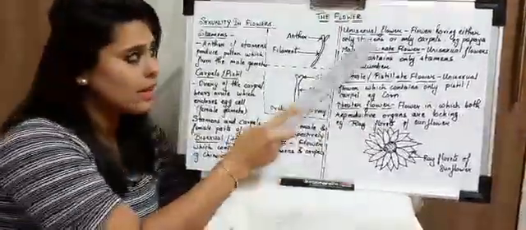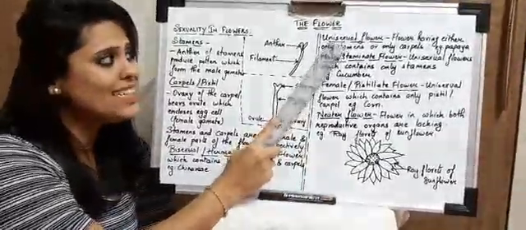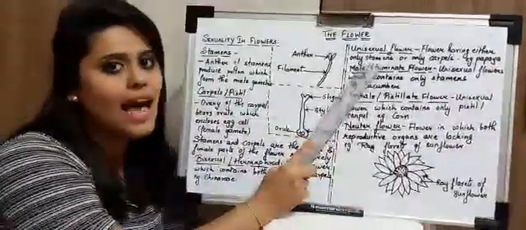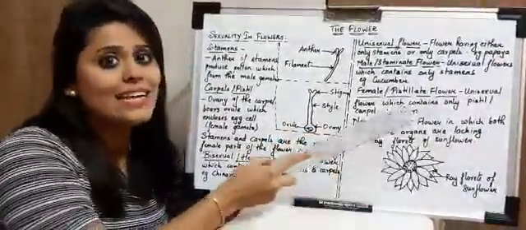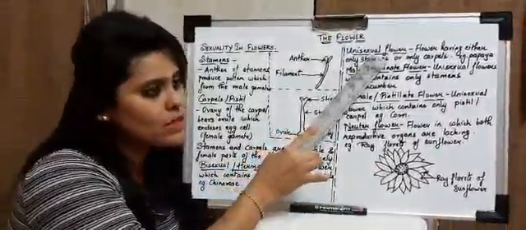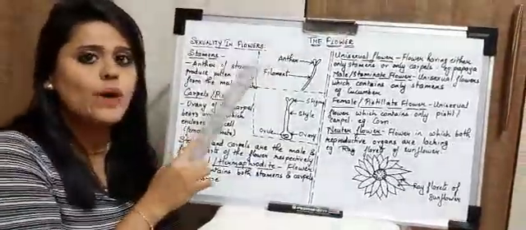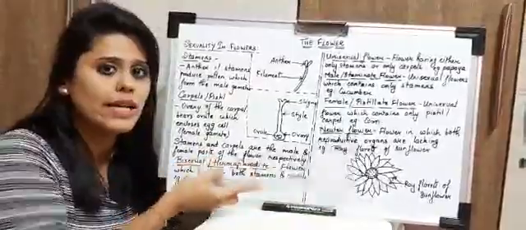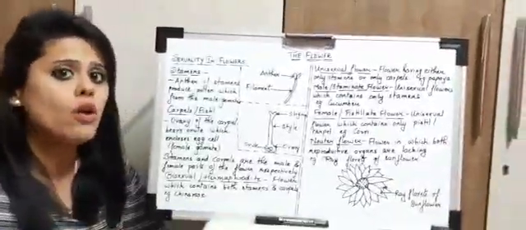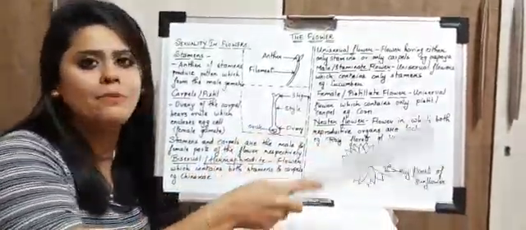Unisexual flowers. Again, the name itself is going to suggest you. Uni stands for single. Sexual means sex, having any single sex. Students, when I say unisexual, here the definition is based on their sexuality. Please do not relate it with the floral whorls. Don't say that amongst the 4 whorls, if any one whorl is present, then the flower might be unisexual.